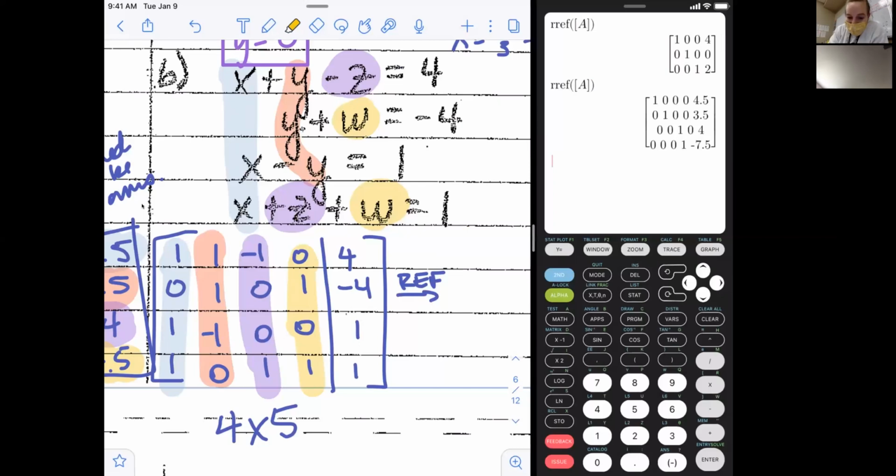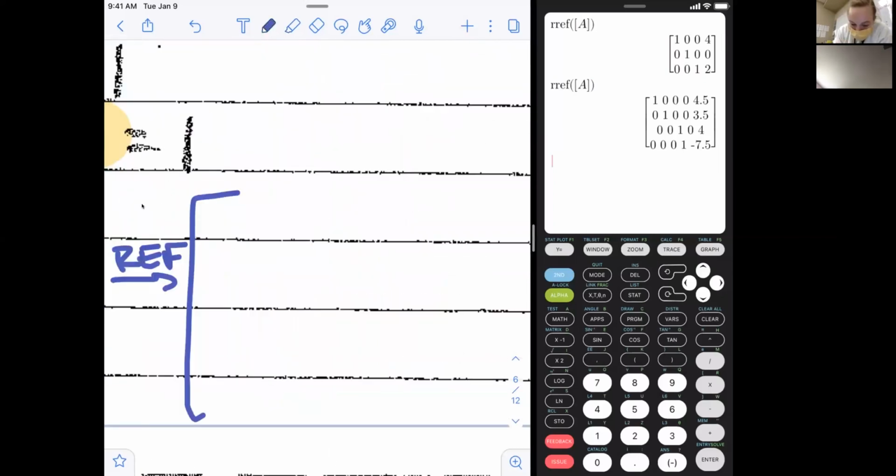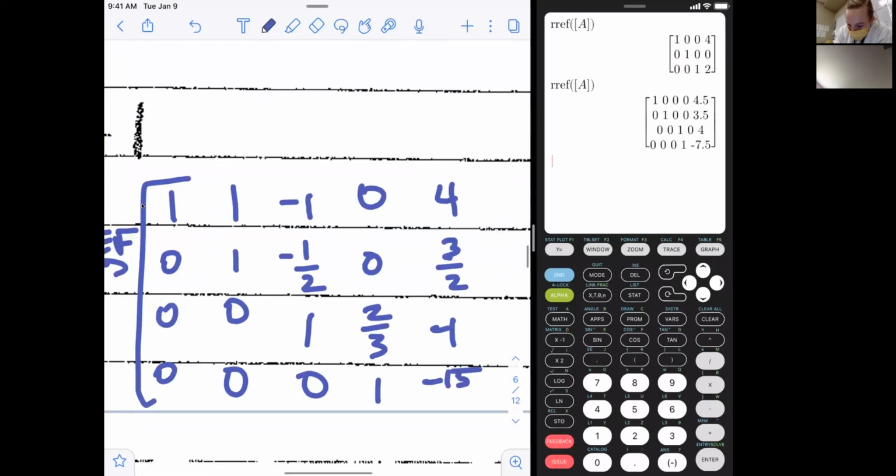So what I get out from that is this. 1, 0, 0, 0, 1, 1, 0, 0, negative 1, negative 1/2, 1, 0, 0, 0, 2 over 3, 1, 4, 3 halves, negative 1, negative 15 over 2.